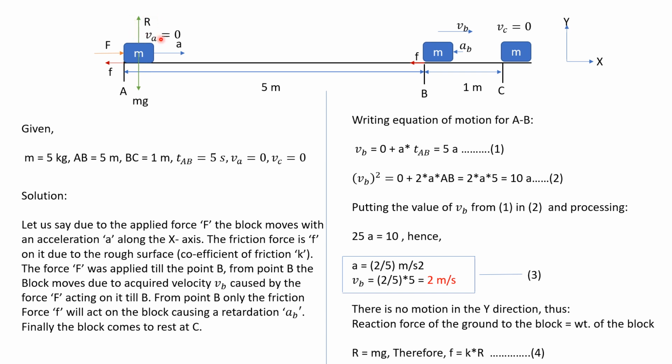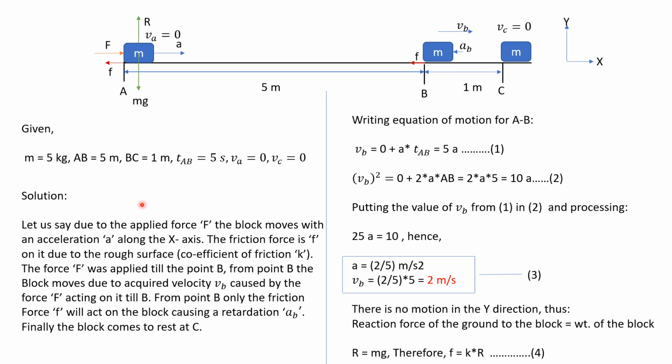Since the reaction force and the weight of the mass counterbalance each other, there is no motion in the y direction. Therefore, the reaction force is equal to mg all the time. So the friction force will remain the same throughout the motion, because the normal reaction is the same throughout.